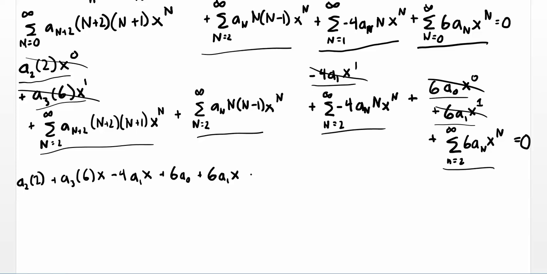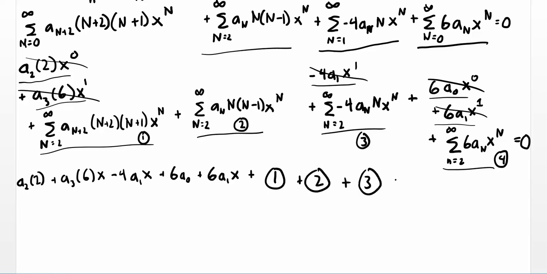And then plus our 4 series. Let's just label these series. This will be series 1, this will be series 2, series 3, series 4. We don't need those for the time being, so we'll just write these here. Plus 1, plus 2, plus 3, plus 4, equals 0.